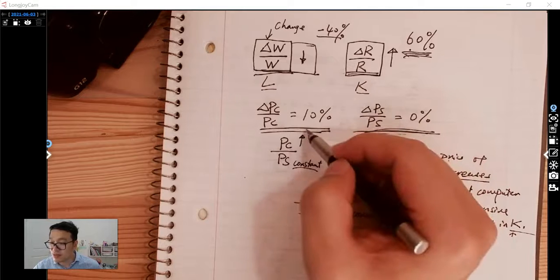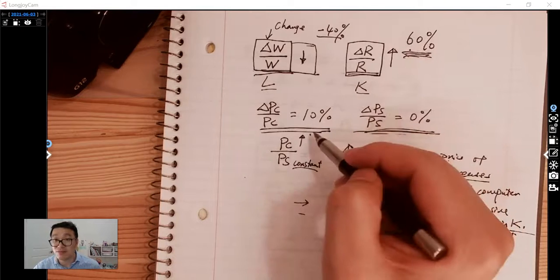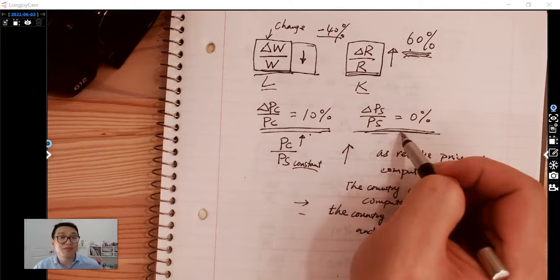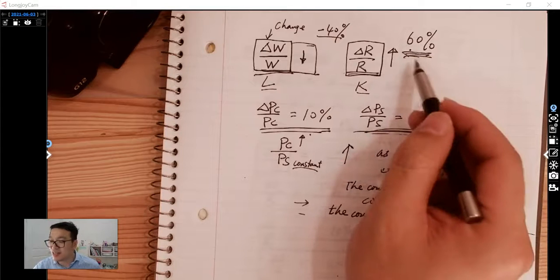In computers, the real income change will be 60 minus 10, which is 50%. In shoes it will be even higher, a 60% increase, because the shoe price doesn't change, so the nominal income change equals the real income change.